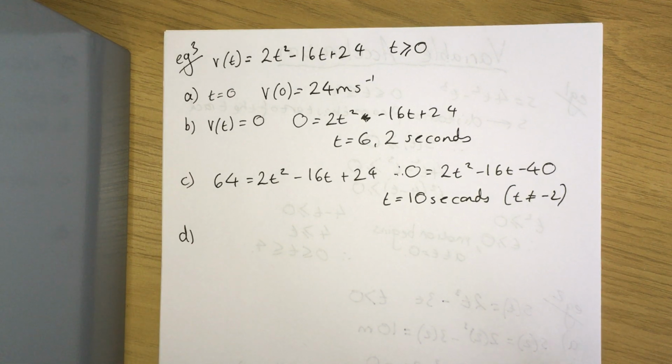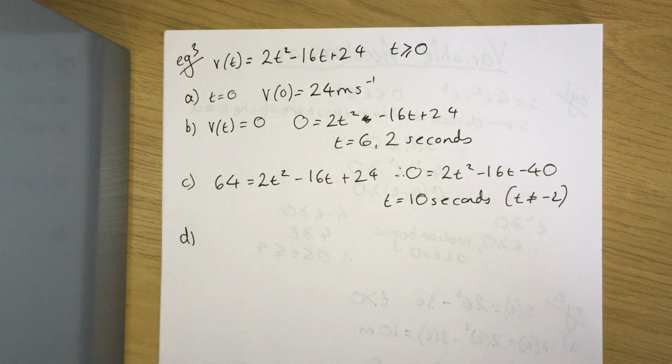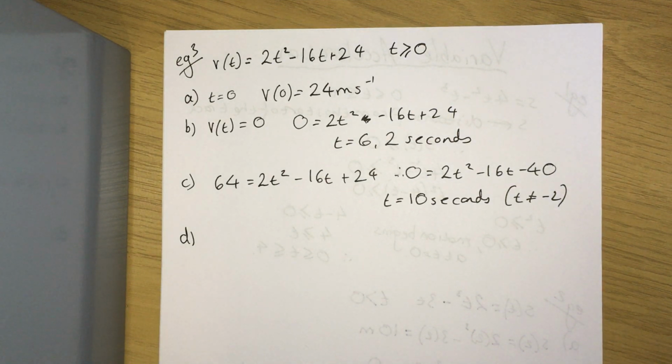Okay, find the greatest speed of the body in the interval where t is greater than or equal to 0, less than or equal to 5. Now, when you talk about the greatest speed, that might make you think, okay, so I need to find a maximum, so therefore I need to differentiate.